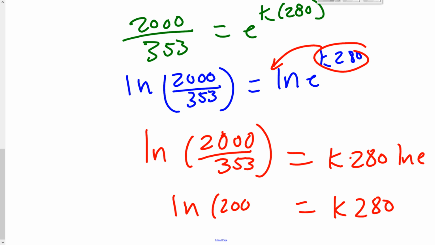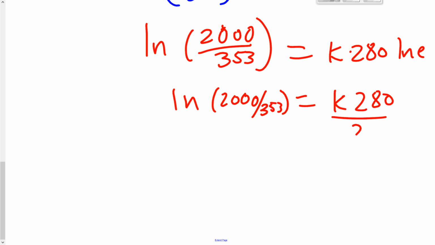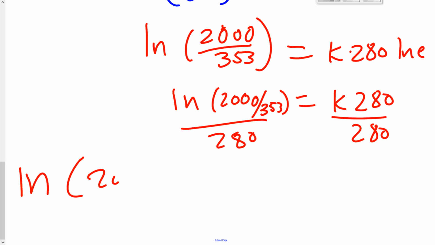And so on my calculator, after I divide by 280, I hit ln, which comes up with the parentheses, hit 2,000, hit divided by, hit 353. You can end your parenthesis.